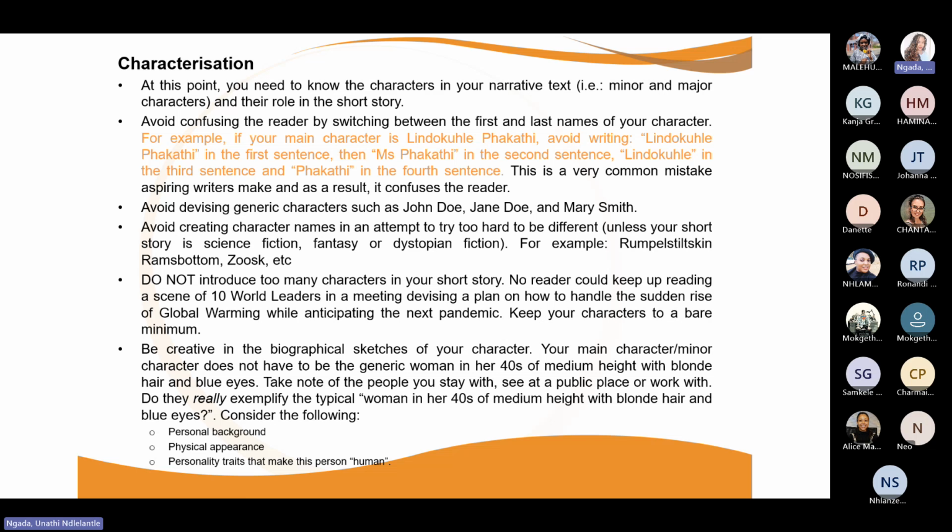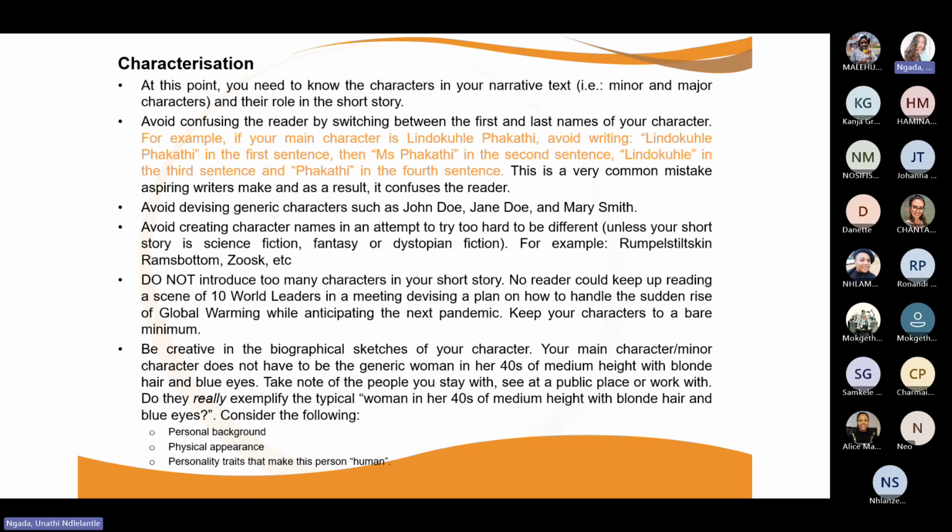So try and avoid public spaces like a movie theater, a public setting like a restaurant, a public setting like a big event, because it's going to be very difficult to assign roles that each character plays, because your narrative text takes place in such a public setting.